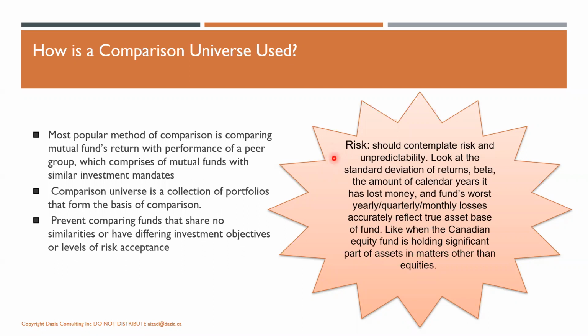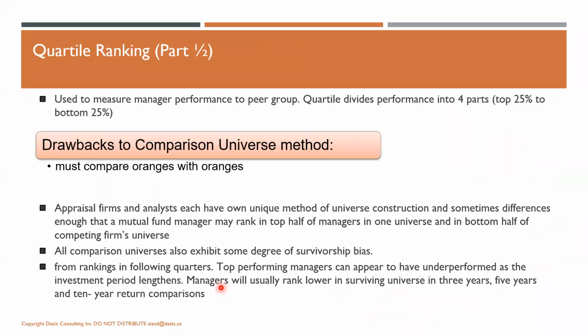So there's going to be a lot of risk, also unpredictability, different standard deviations. Some mutual funds may have done well, some may have done badly over the year or the quarter. So there's a lot of risk. You may not be comparing apples to apples. So that is the risk with the comparison universe.